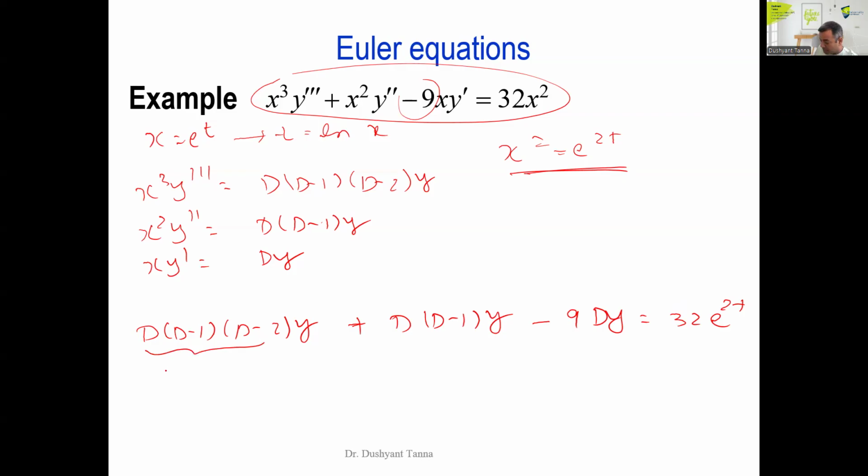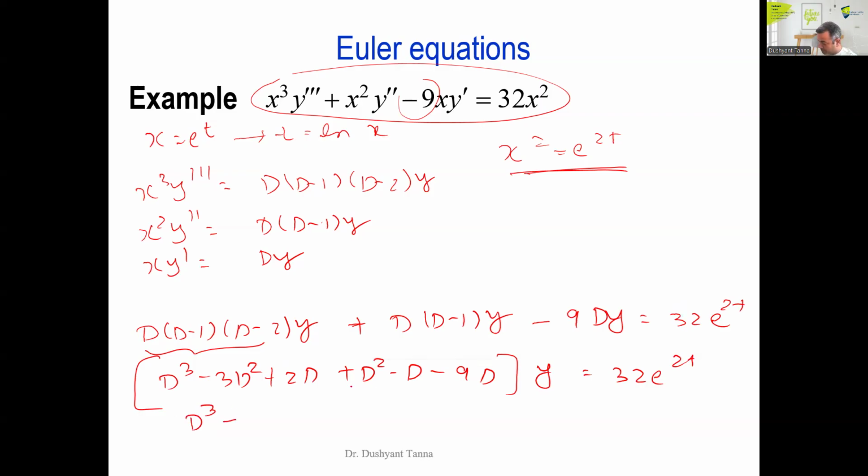As we know, it's D cubed minus 3D squared plus 2D, plus D squared minus D minus 9D, y is equal to 32 e raised to 2t. Just simplify this.